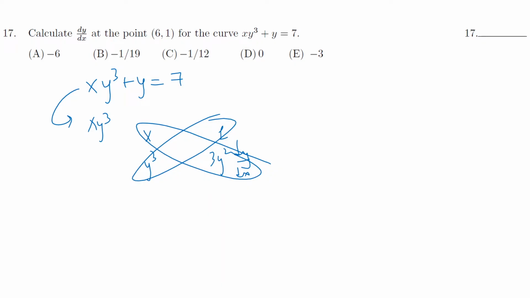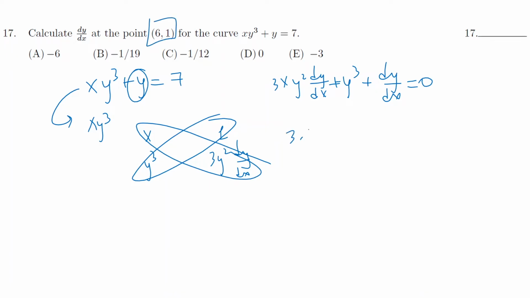So if I take the derivative of the x y cubed, we get 3x y squared dy/dx plus y cubed. The derivative of y is just dy/dx. And this guy's equal to 0. Now, instead of me trying to simplify things out, I'll just plug in (6,1) immediately. So 3 times 6 times 1 squared dy/dx plus 1 cubed plus dy/dx equals 0.